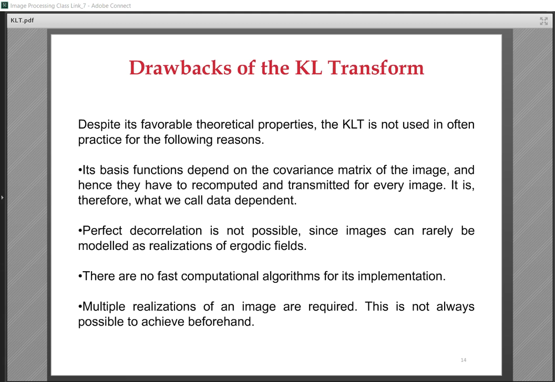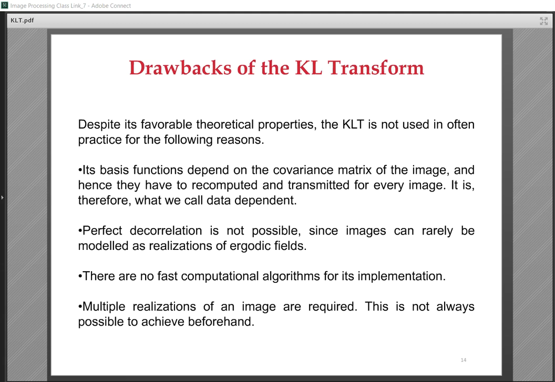We saw that CY was only non-zero over the principal diagonal, but that isn't achievable in practice. Perfect decorrelation is not possible, since images can rarely be modeled as realizations of ergodic fields.